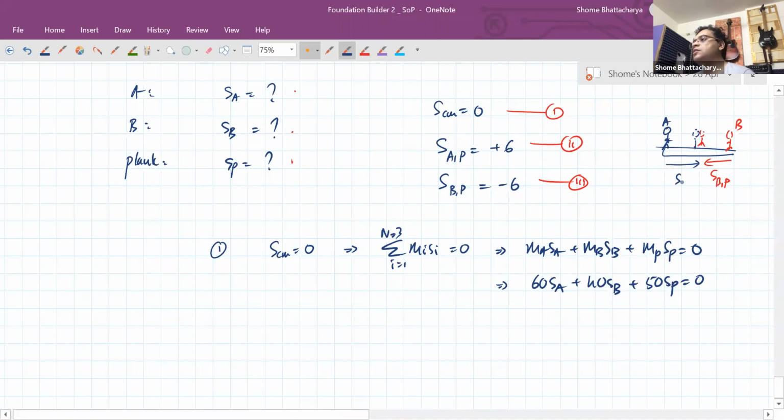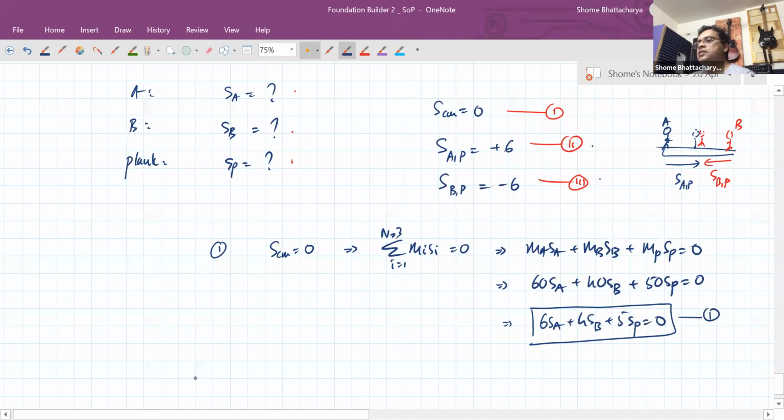So this is the only fact with the direction which I'm making use of. That's why here and here the relative displacements are coming with the proper sign, because the direction is also important. So this is giving me a simpler equation that 6 SA plus 4 SB plus 5 times SP should be 0. That is my equation 1.